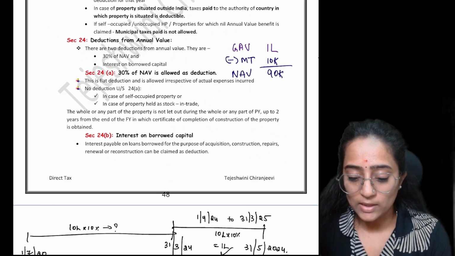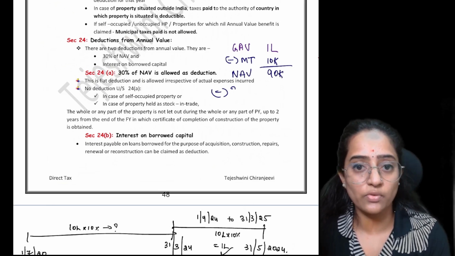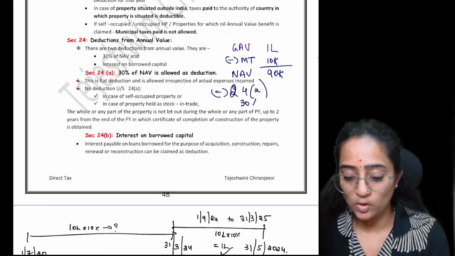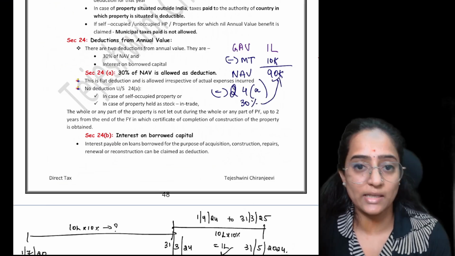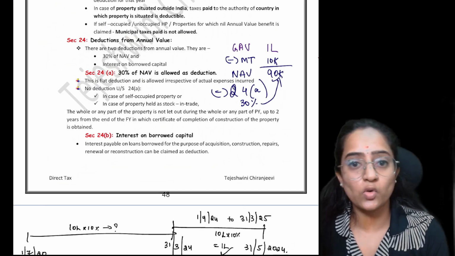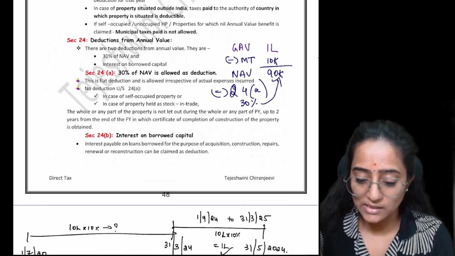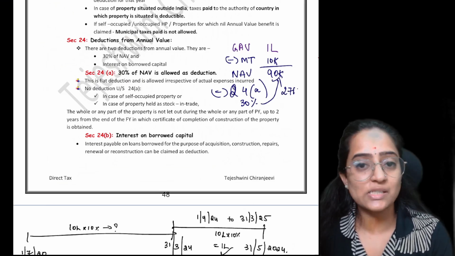On this net annual value, you can take the deduction under section 24A of 30% of this NAV of 90,000, that is 27,000. This is the flat deduction which is available.